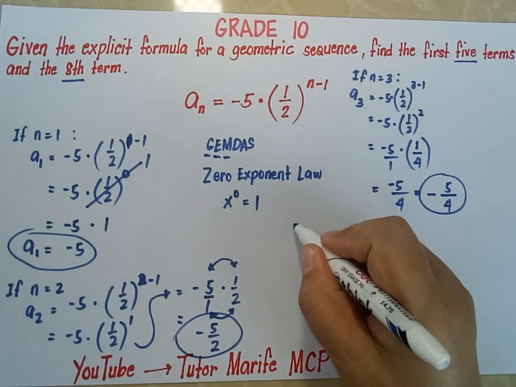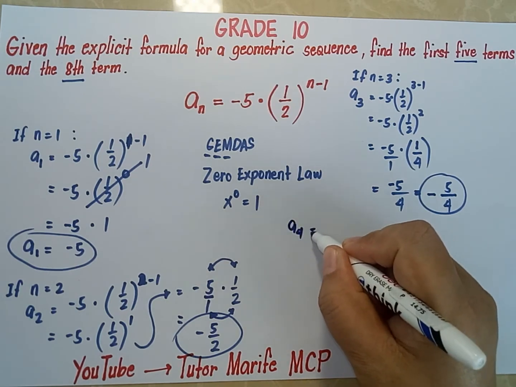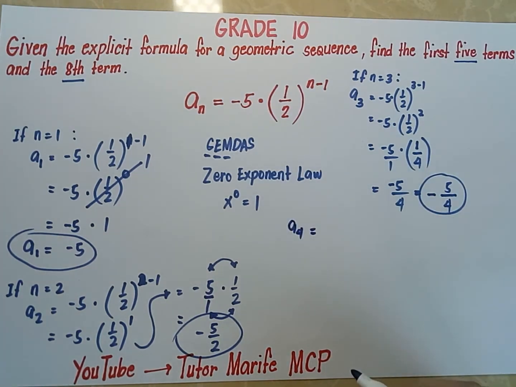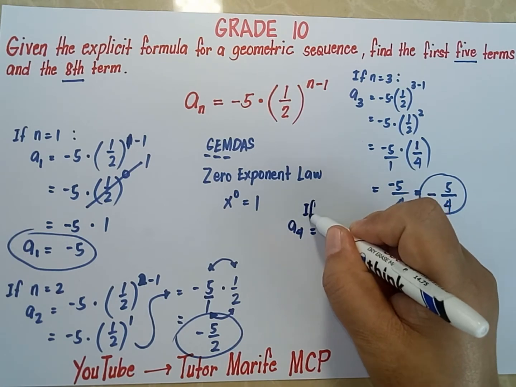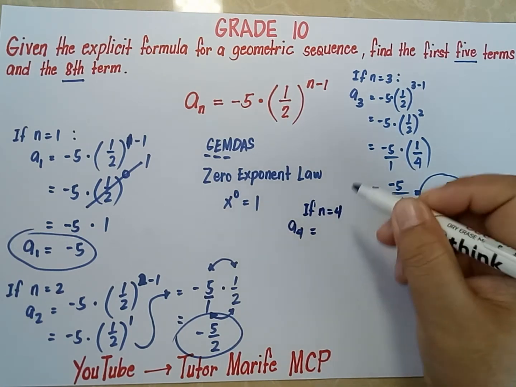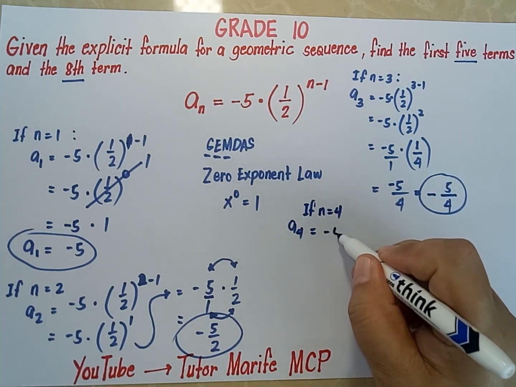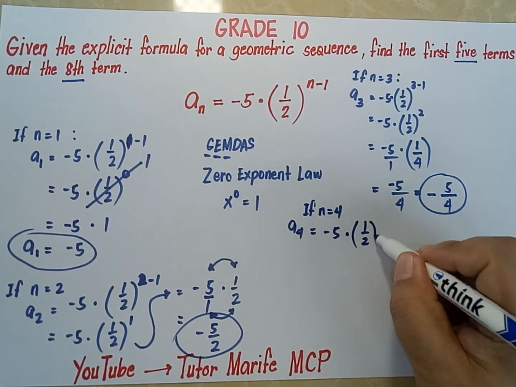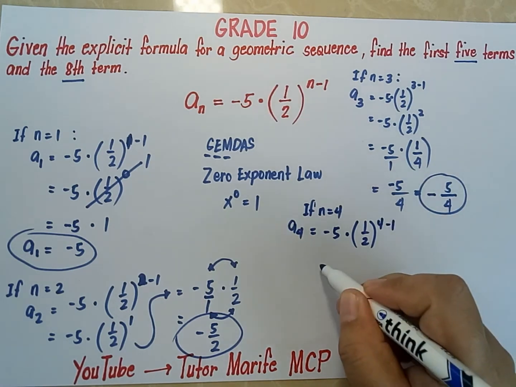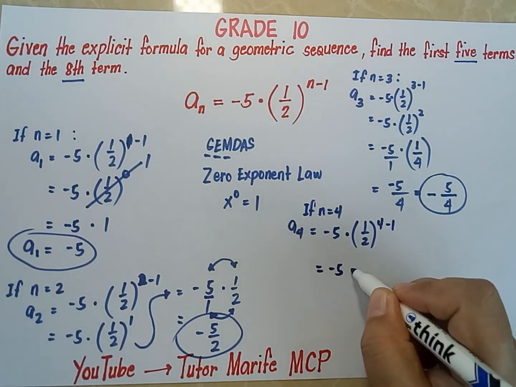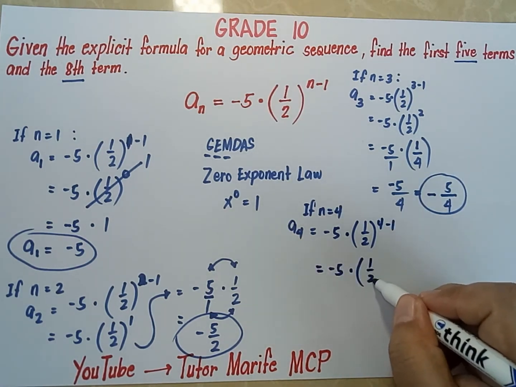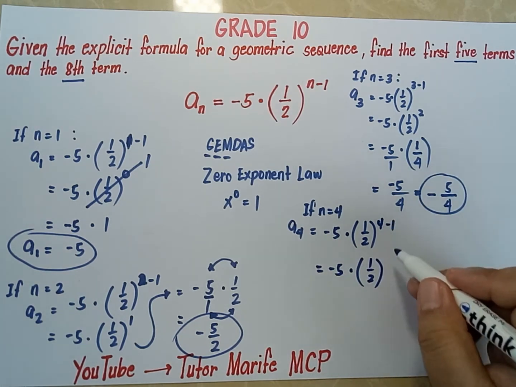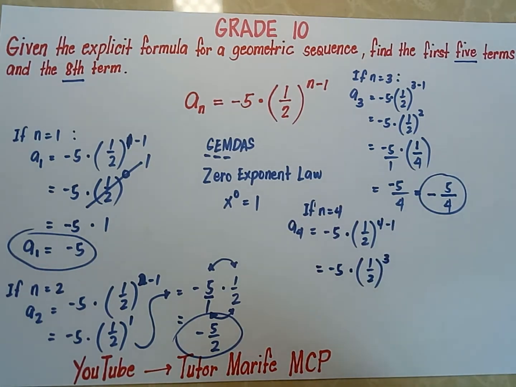So, let's solve for the fourth term. Substitute n equals 4. So, a sub 4 equals negative 5 times 1/2 raised to 4 minus 1. So, it's negative 5 times 1/2. 4 minus 1 is 3.